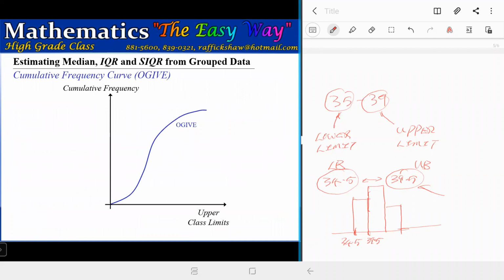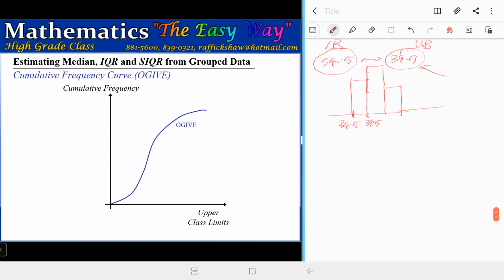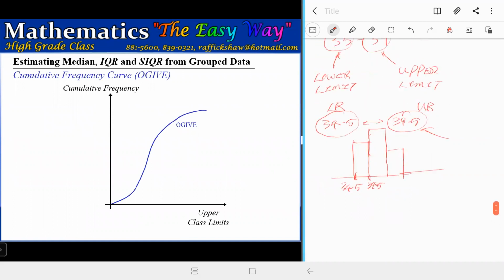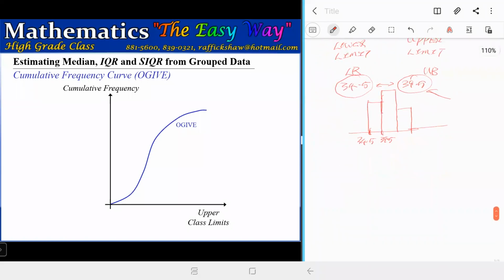Sir, why couldn't it be 34.9 and 39.1? We're talking about the upper boundary, sir. All right, good question. Sir, can I answer it? Yeah, go on.